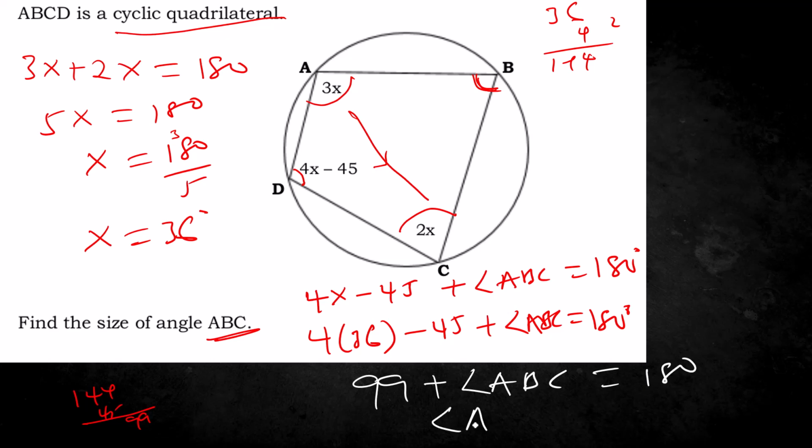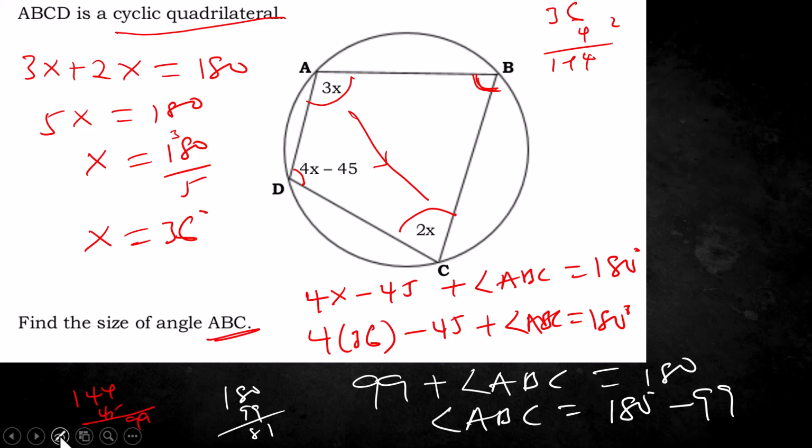So angle ABC is 180 minus 99, which is 81. So angle ABC is 81. So we have 81 here.